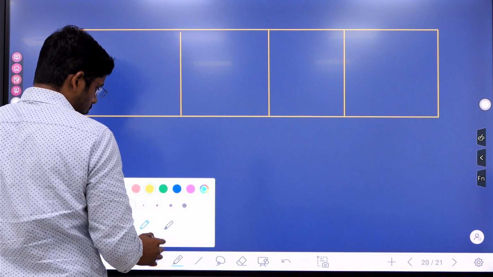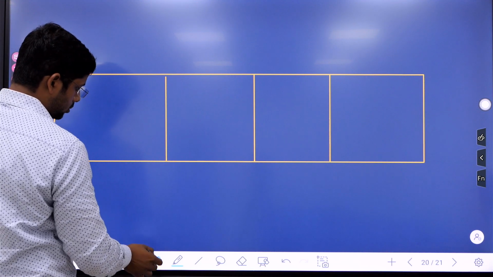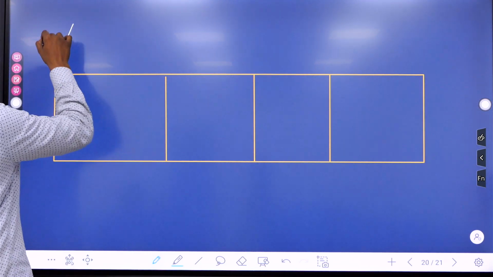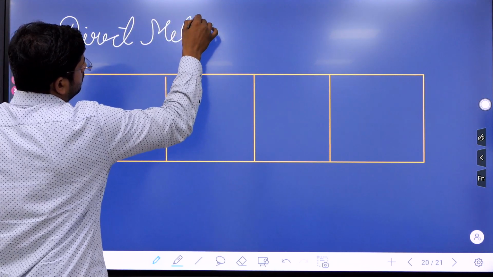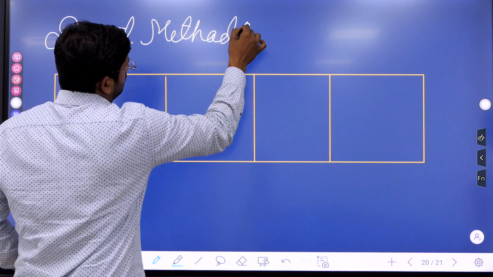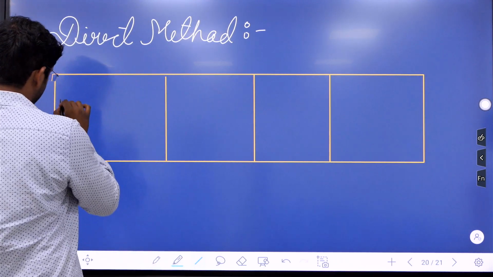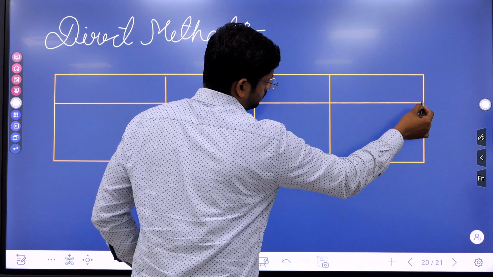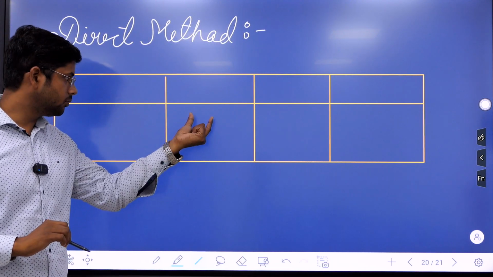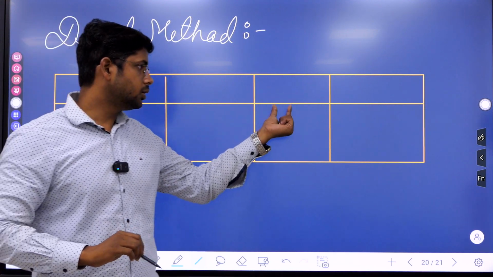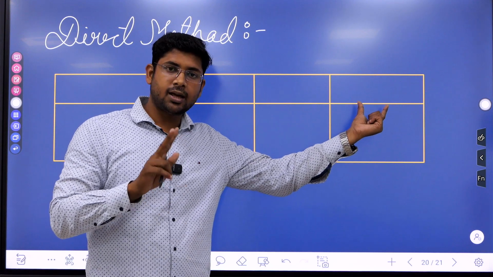This method is also called the direct method.